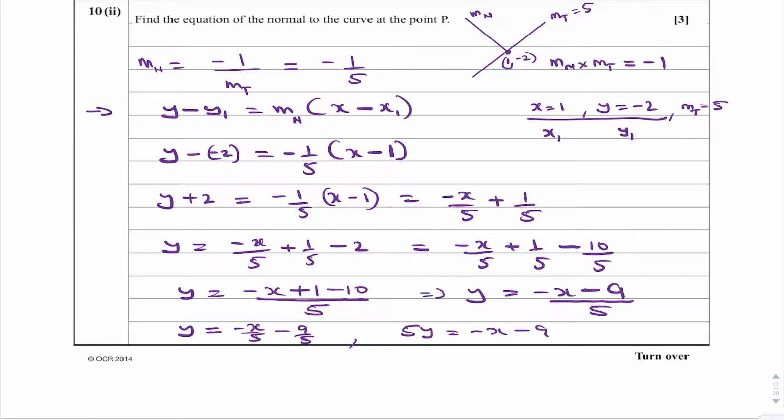So that's the equation of the normal, which can then be written as 5y plus x plus 9 equal to 0.